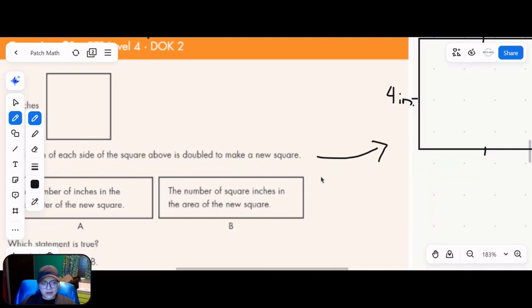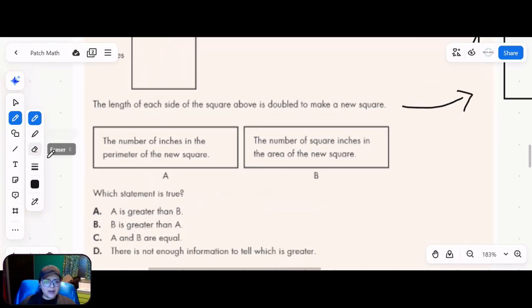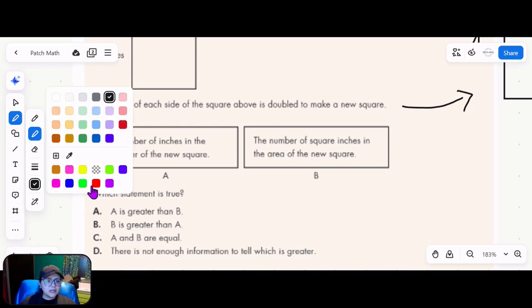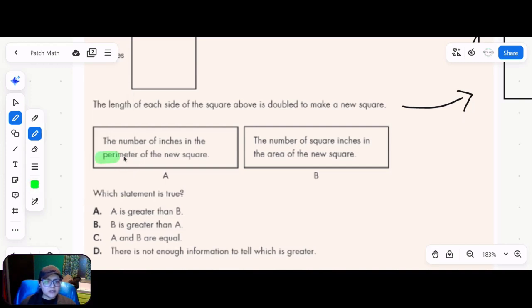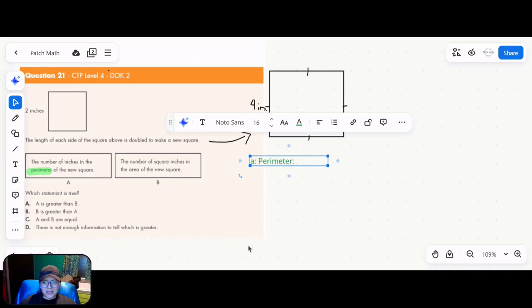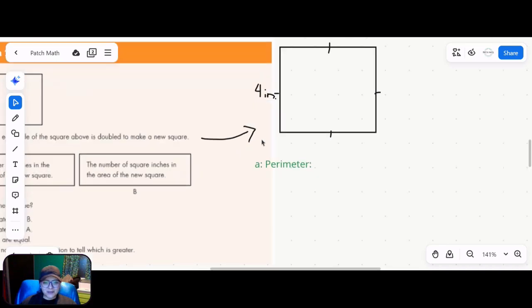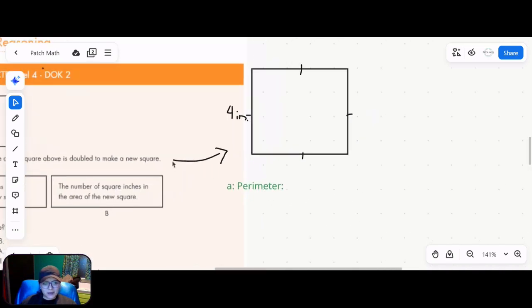So the length of each side of the square above is doubled to make a new square, and this is our new square. We have scenario A, which says the number of inches in the perimeter. Keyword there, perimeter. So if we are going to find the perimeter of our new square, we can always do it manually by the definition of perimeter, which is simply start at one point, let's say here at this corner, and start traveling. 4 inches.